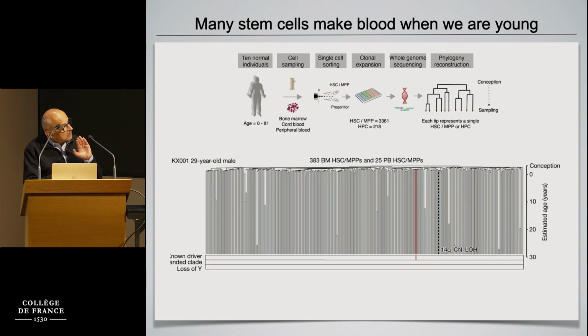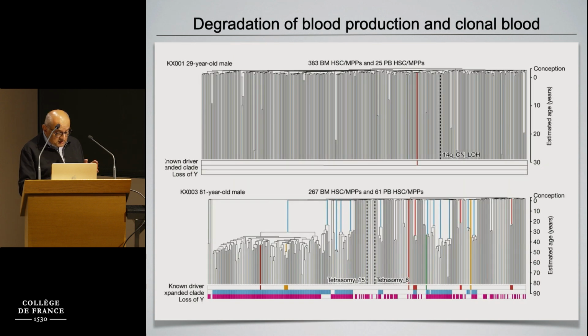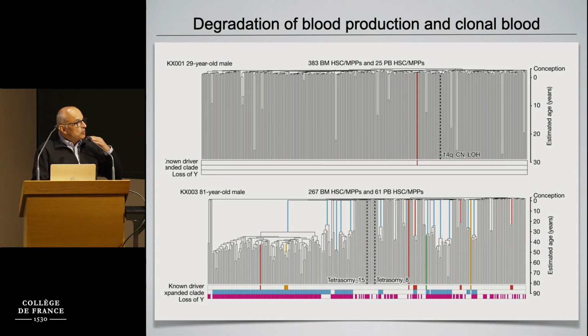That's what this comb-like diagram tells you. However, by the time you do the same sort of analysis in someone who's significantly older, an 81-year-old male, you can see there's a dramatic degradation of the production of blood. And what this tells you is that actually, rather than the blood coming from many, many stem cell ancestors, in this particular instance, almost half of the blood is coming from a single ancestor.